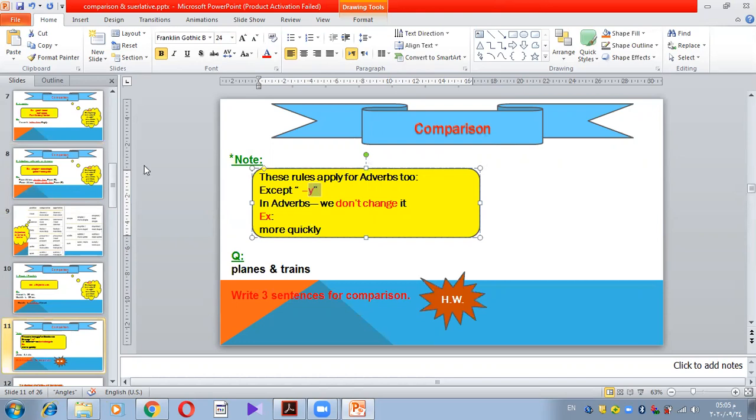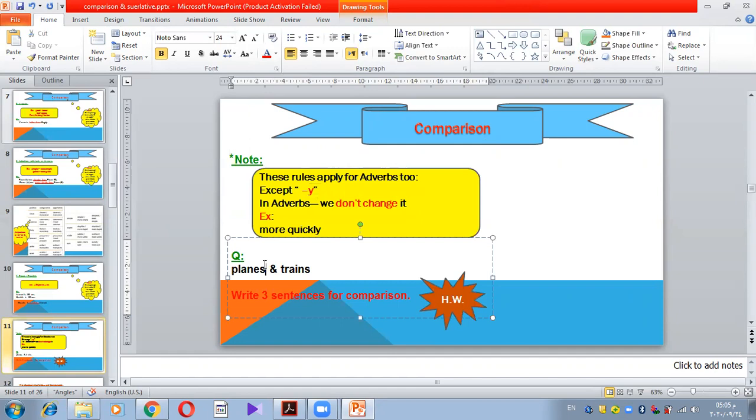I told you a minute ago that if you have an adjective like easy, how can you make the comparative? You change the y into I, so you say easier, I-E-R. In the case of the adverb, we don't do this. We don't change it. We say more quickly. We don't change the y in this case. Okay, so we say more or less before.